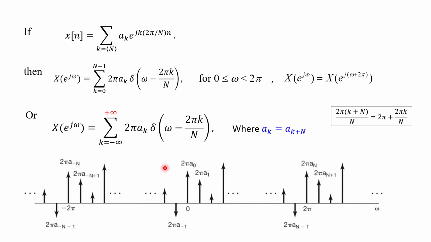And a_k being periodic will correspond to this big X being periodic.